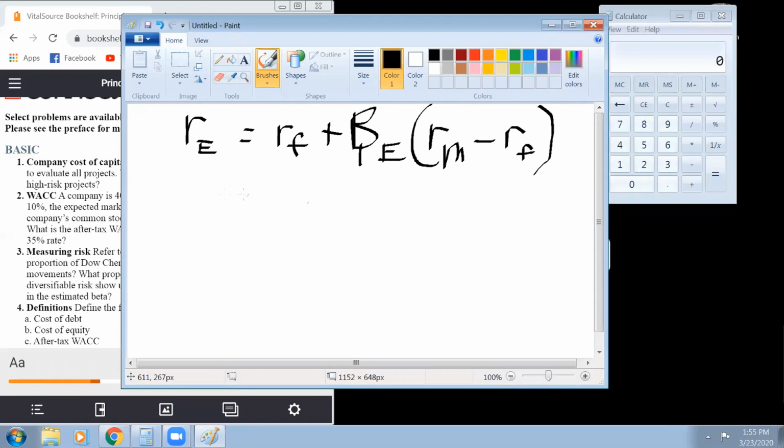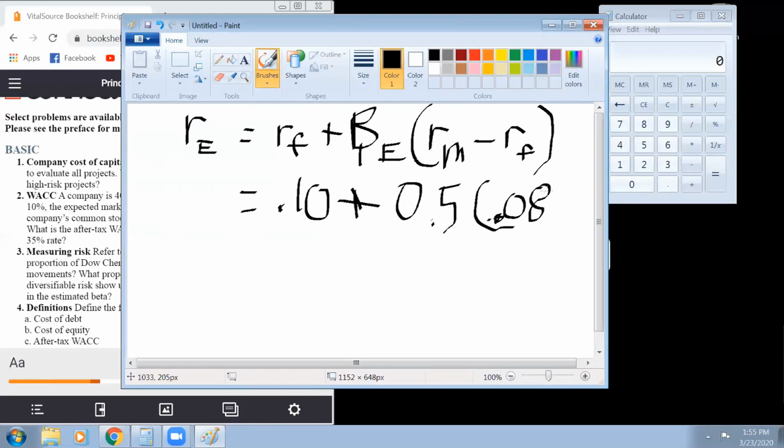Okay, so that's what we're going to solve for here. It's equal to, we're given 10% for the risk-free rate, or the interest rate on the debt, and then the stock beta is 0.5, and the market risk premium is 8%. It's really hard to draw periods in Paint here.